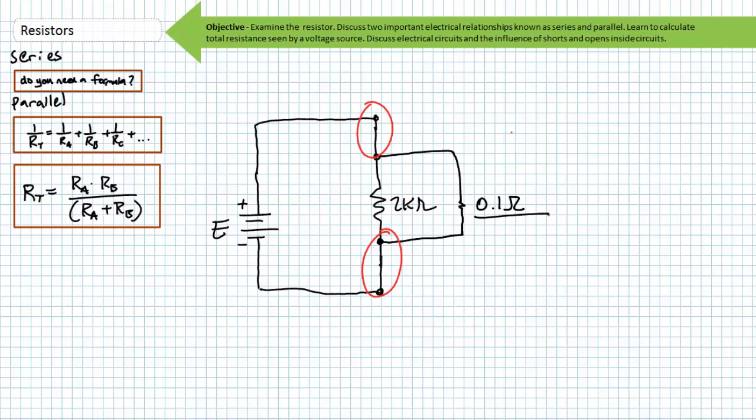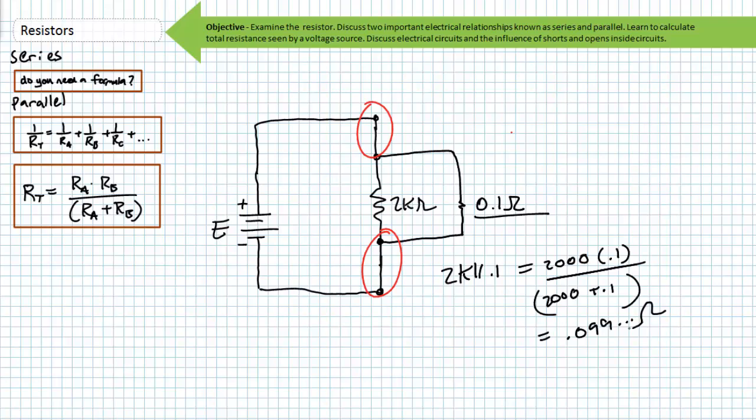If that's a small resistance, we're only going to get smaller still. Run the numbers. A 2K in parallel with a 0.1 is 2,000 times 0.1 divided by 2,000 plus 0.1, or 0.099 ohms. Yes, the 2K is in there, but the 0.1 ohm resistor is making the total resistance seen by the source extremely, extremely low.